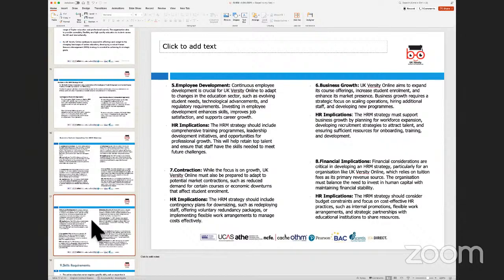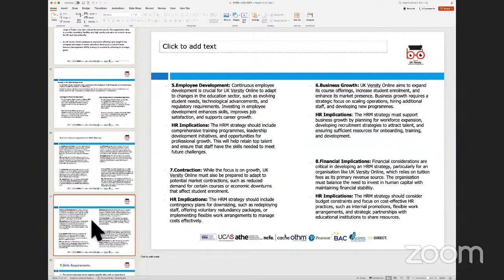Looking at the growth side of things, which is an organizational strategy, how does this translate into an HR strategy? Here, if we are looking at expanding into the Middle East market, we are looking at recruiting 2 or 3 people. The HR side of things would then be looking at understanding what the growth requirements are, what the revenue requirements are, what the bottom line is which the revenue would produce from that geography.